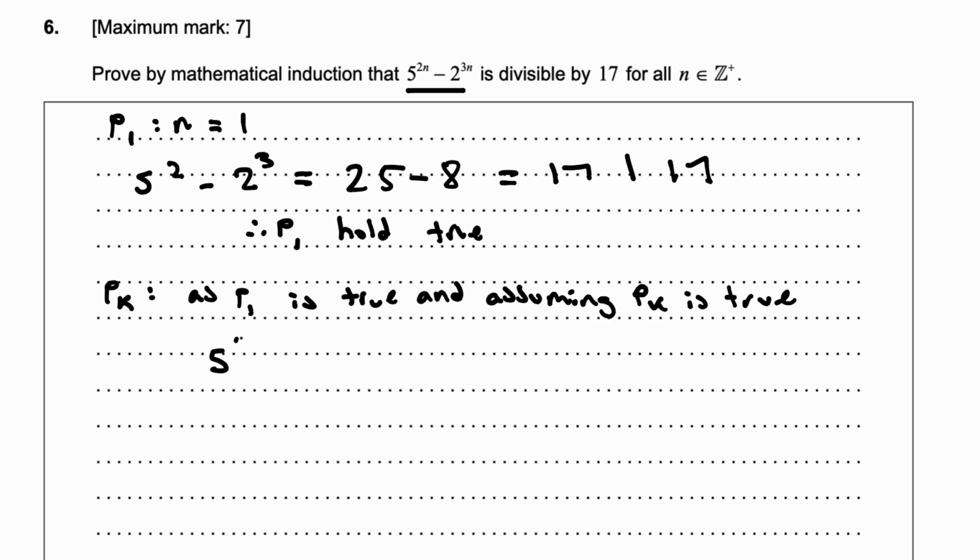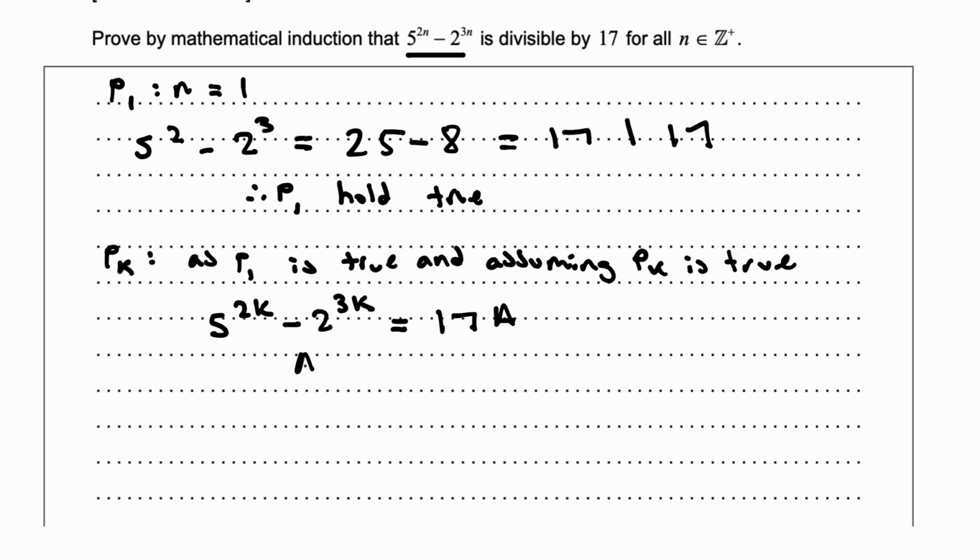So 5 to the power of 2k minus 2 to the power of 3k must be equal to 17 times some integer A. A is some integer. That's the whole thing I want to prove. I want to prove that whatever it is equal to is a factor of 17, is divisible by 17. So that's what I'm going to prove.